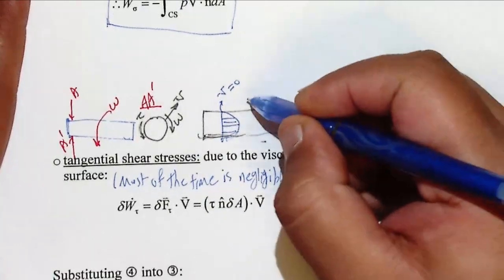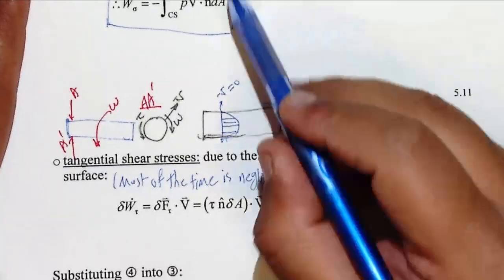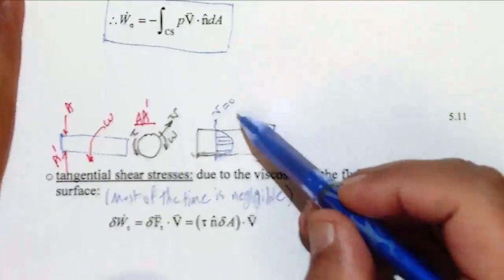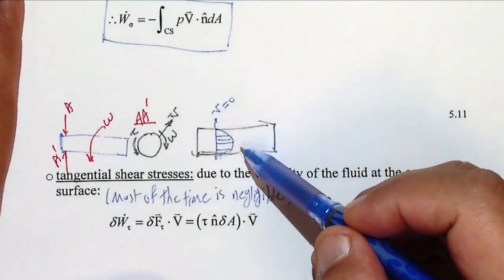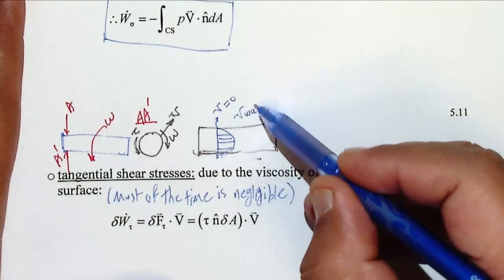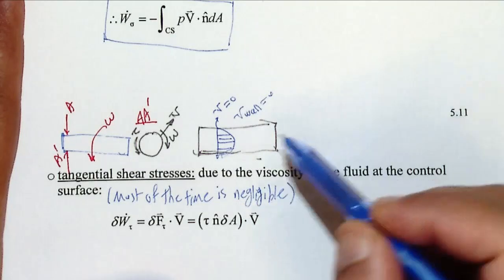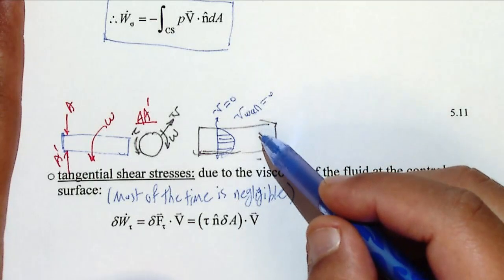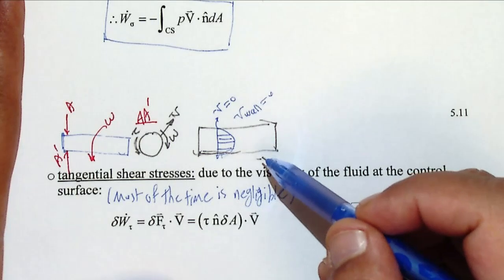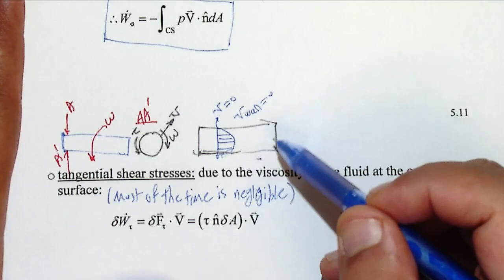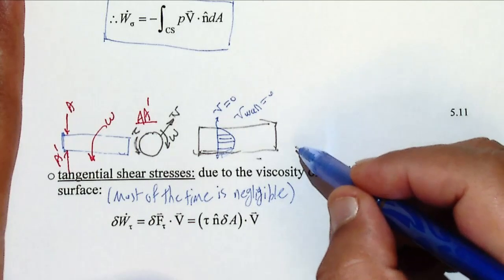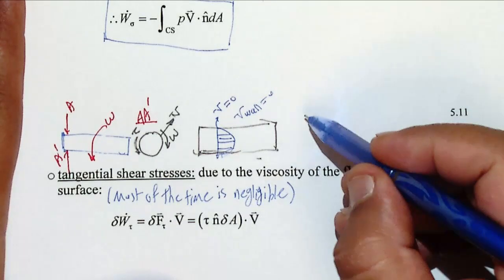If you have V equal to 0, then you know that the work is force times velocity. When the velocity is 0, then it's going to be 0 because V of the wall is 0. That's another type for W dot because of shear stresses, or W dot tau, that we are saying is mostly negligible or 0.